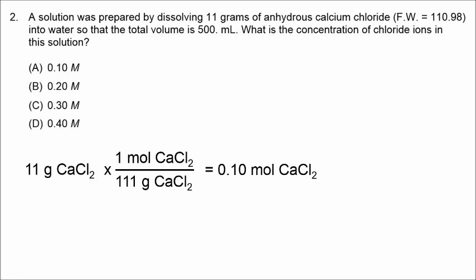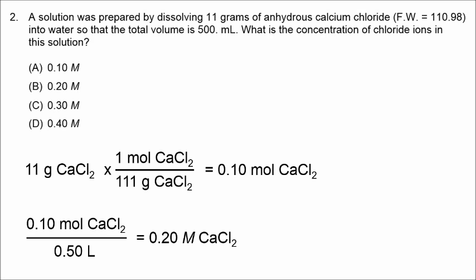We are going to dissolve that calcium chloride in 500 milliliters, and that volume in liters is 0.5. So here is the math we're doing to calculate the concentration of calcium chloride. 0.1 divided by 0.5 is equal to 0.2.